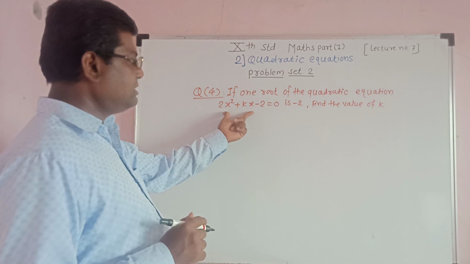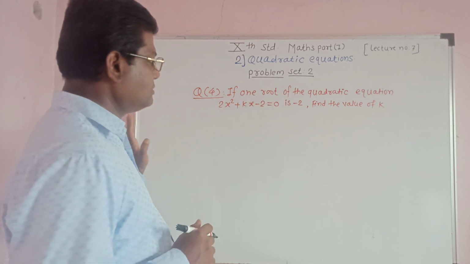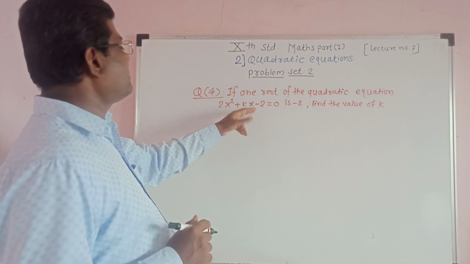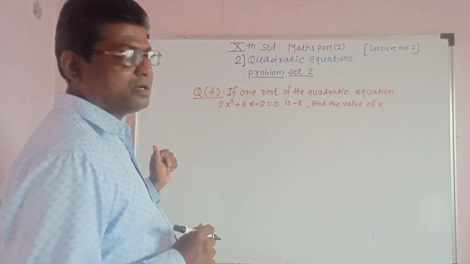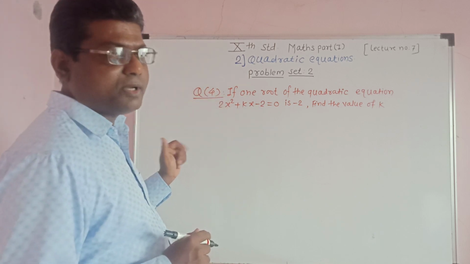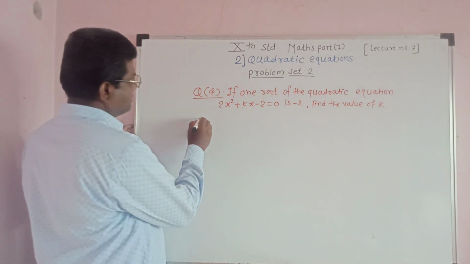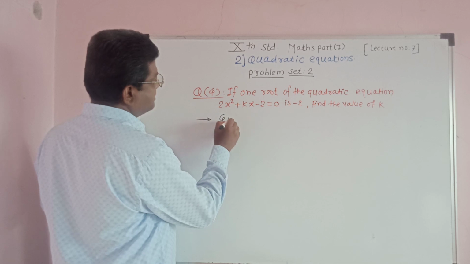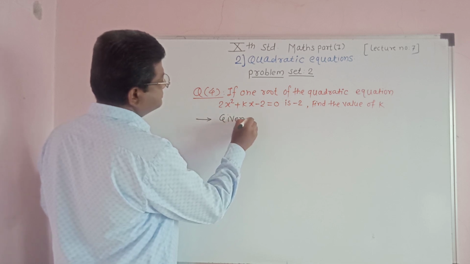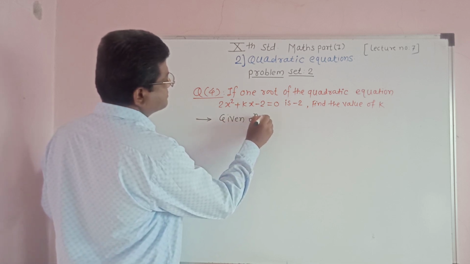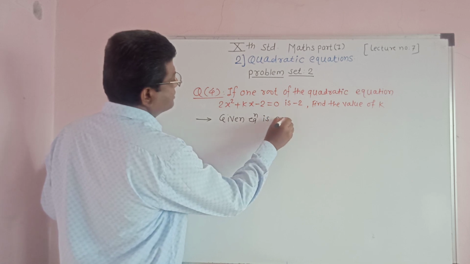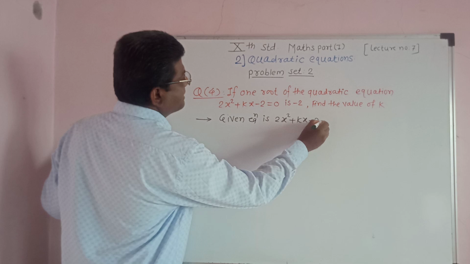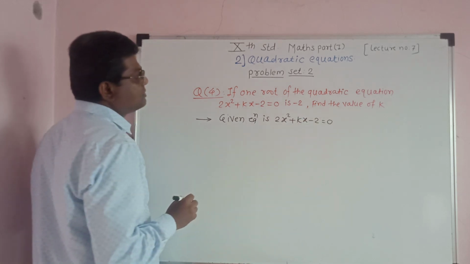One root of this equation is minus 2. Therefore, we put x is equal to minus 2 in this equation and find the value of k. Now, given equation is 2x square plus kx minus 2 is equal to 0.